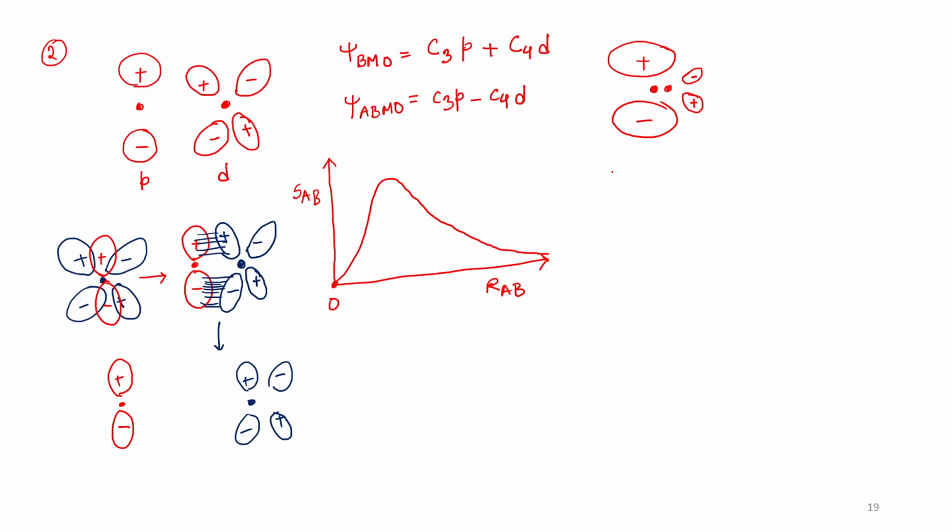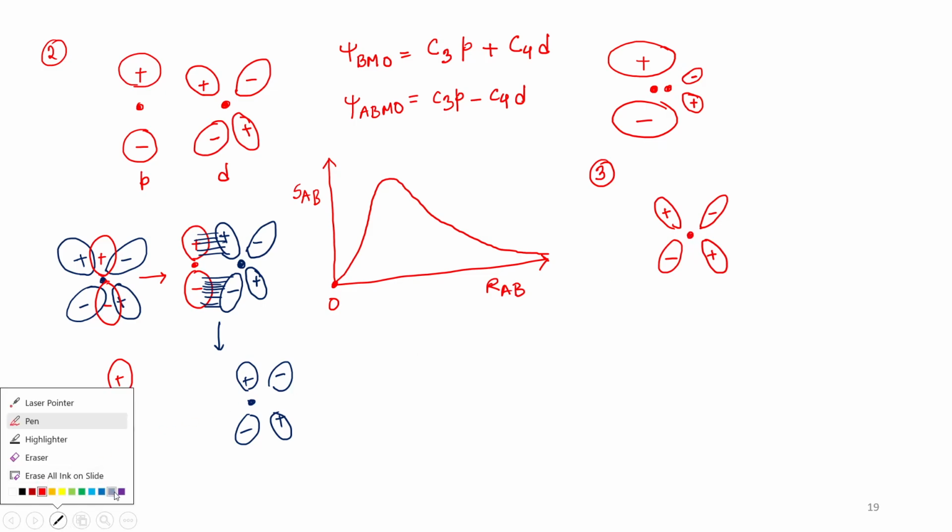Then your third is two d orbitals, right? Side on. So plus, minus, minus, plus, another d I will draw in a different color.